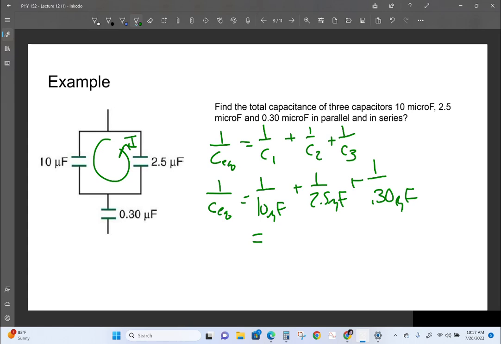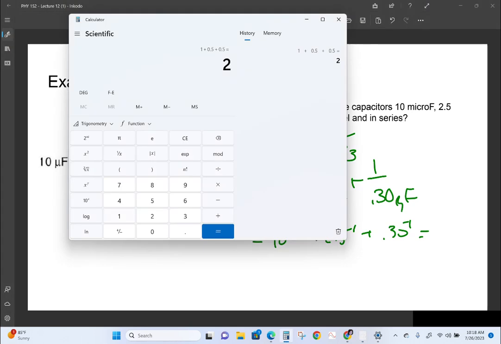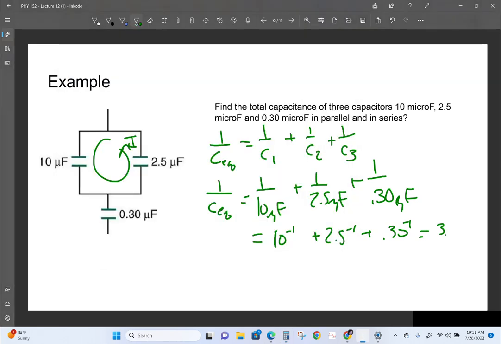So when I plug these in a calculator, I'm going to take 10 to the negative 1 plus 2.5 to the negative 1 plus 0.30 to the negative 1, to get whatever that is equal to. So 10 inverse plus 2.5 inverse plus 0.3 inverse equals 3.83 microfarad to the negative 1.